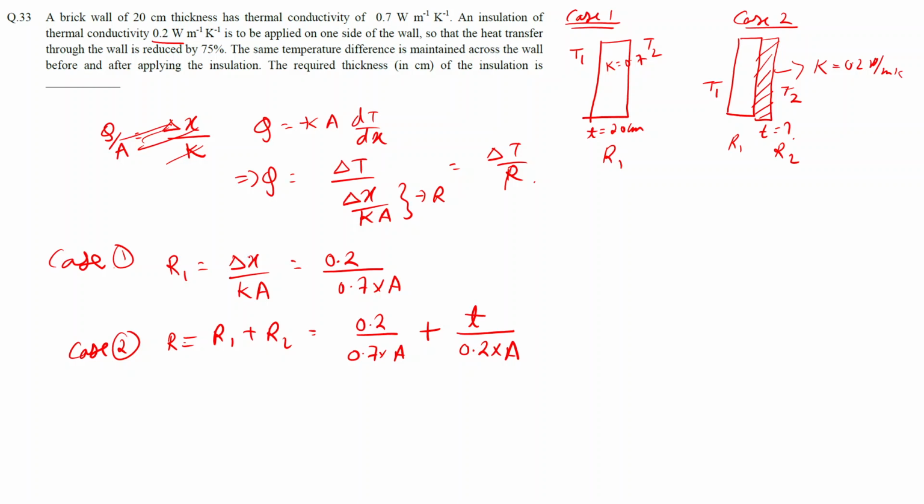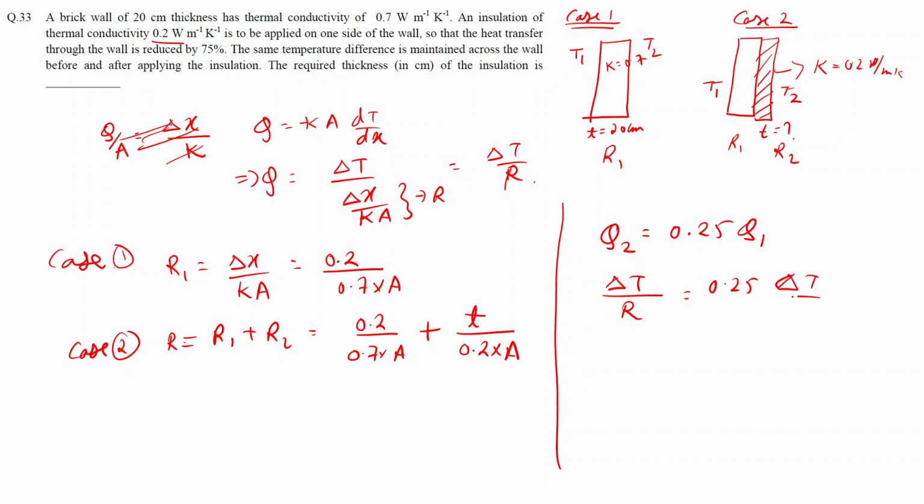Now in the given question we have been given that the heat transfer through the wall is reduced by 75%. That is, we can also write this as Q2 will be 25% of Q1. That is, Q2 is equal to 0.25 Q1. Now Q2 is delta T upon R and Q1 is delta T upon R1.